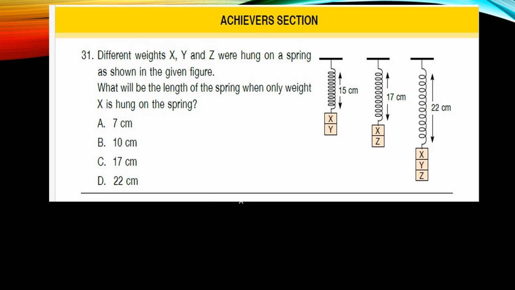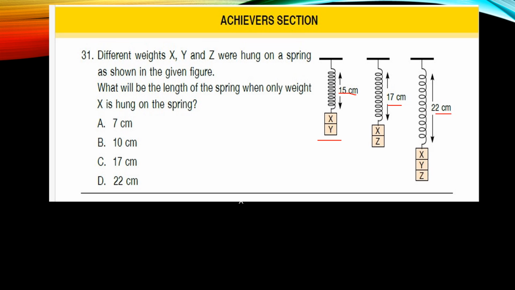Question number 31. Different weights X, Y and Z were hung on a spring as shown in the given figure. What will be the length of the spring when only weight X is hung on the spring? When X and Y are hung, the length is 15 cm. X and Z are hung, length is 17 cm. And X, Y and Z are hung, length is 22 cm.